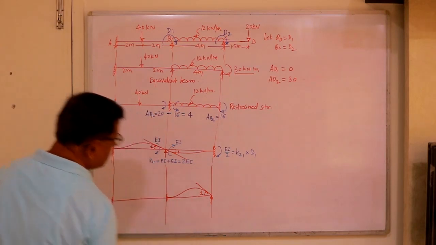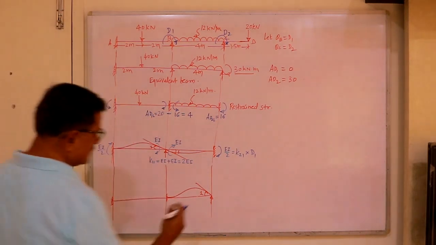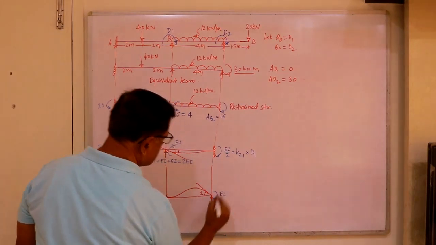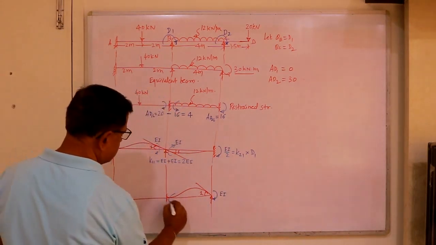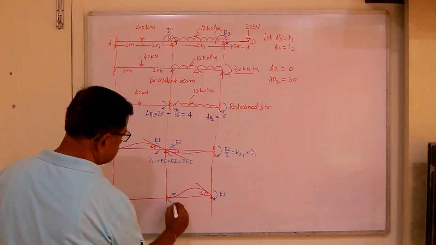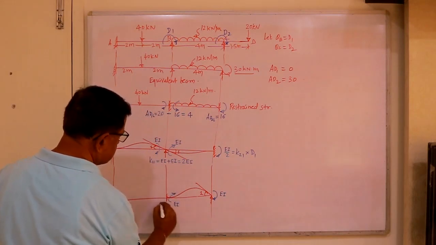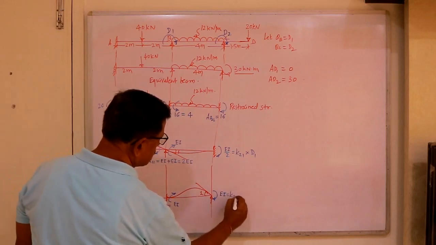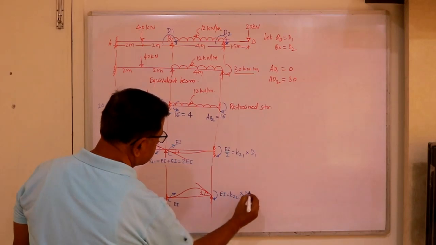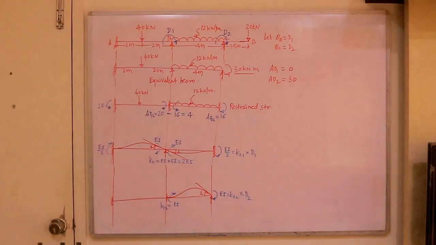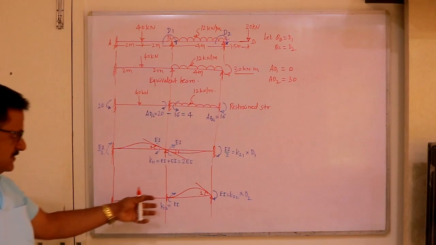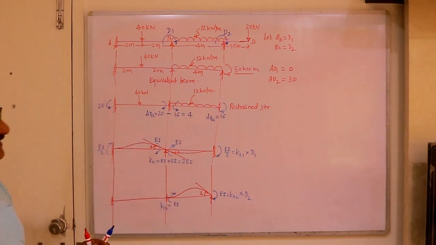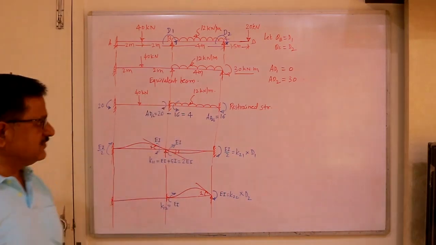Once we allow the rotation here, the clockwise moment developed here is 4 EI by L, 4 gets cancelled, simply EI, and here it is EI. So this is in the direction of 1 due to 2, this is in the direction of 2 due to 2, and all these are to be multiplied by D2. So this gives us the stiffness coefficients in the direction of D1 and D2. The problem is very simple, only thing is that we have to obtain an equivalent load at B.